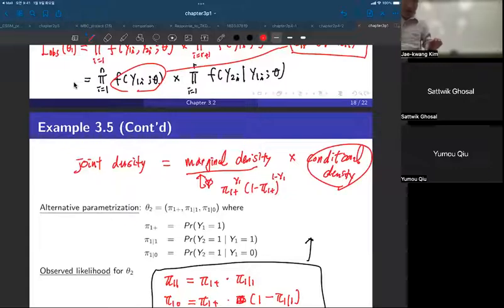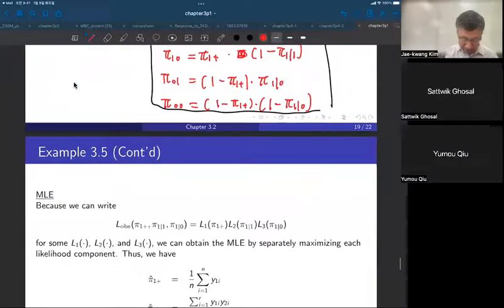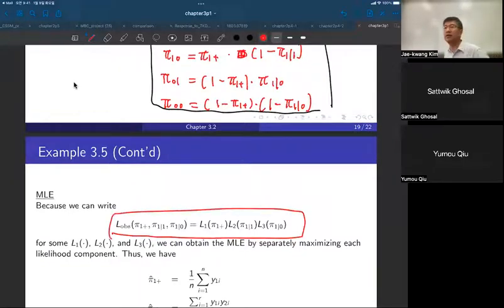So at the end of the day, surprisingly, we have a very nice factorization. Remember, the first one is a full sample using the marginal density. This one uses only respondents with y1 equal to 1. This one uses only respondents with y1 equal to 0. That's it.